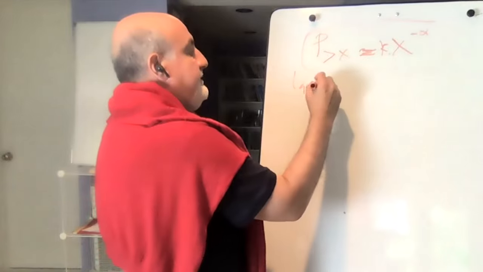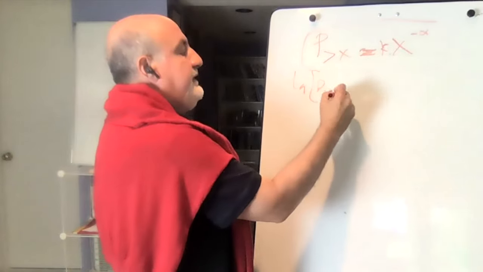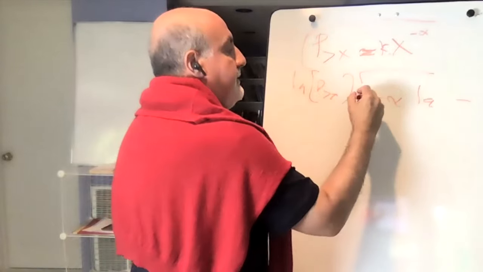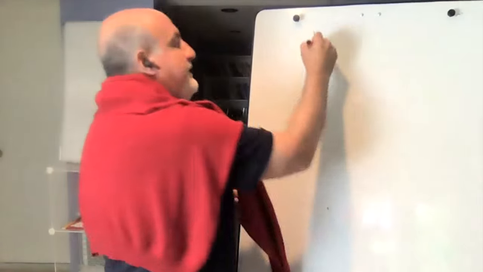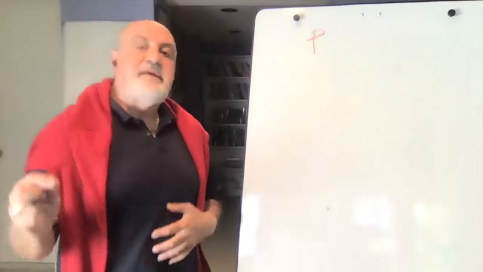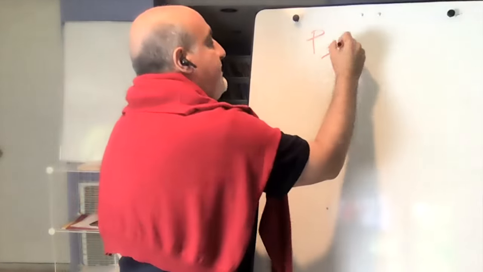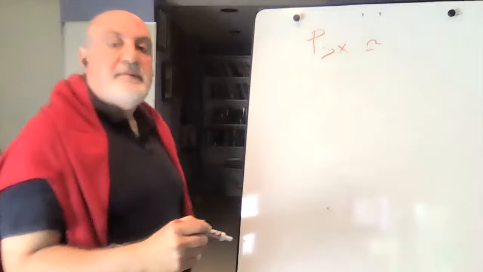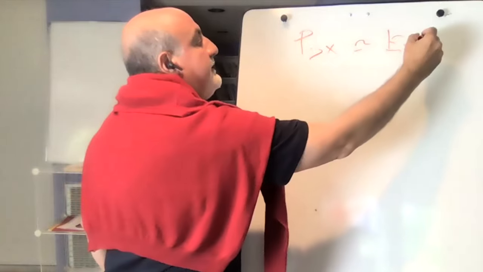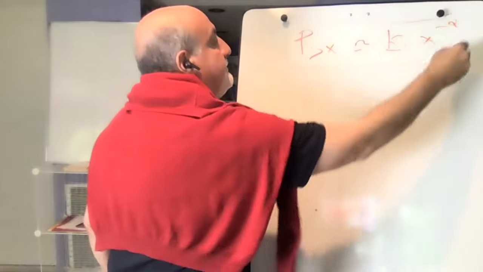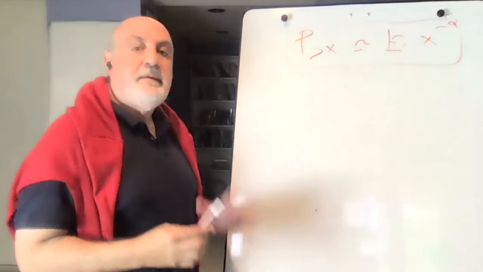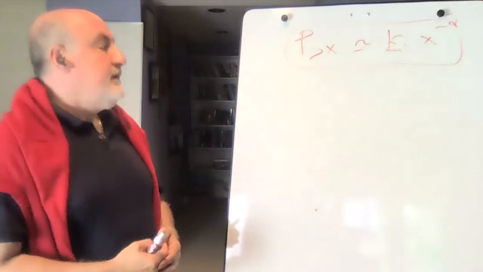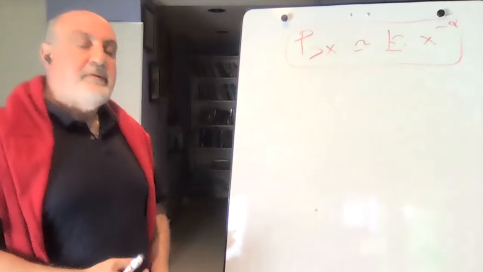If I take the log of the probability of exceeding x, it's going to be minus alpha log of something. So mathematically, we can express power laws as follows. A power law is for the tail, not the whole probability distribution. The probability of exceeding x, for x very large, is going to be approximated by some constant times x to the minus alpha. Let's forget about what's in front of this, some scaling parameter, but that's the property of a power law.